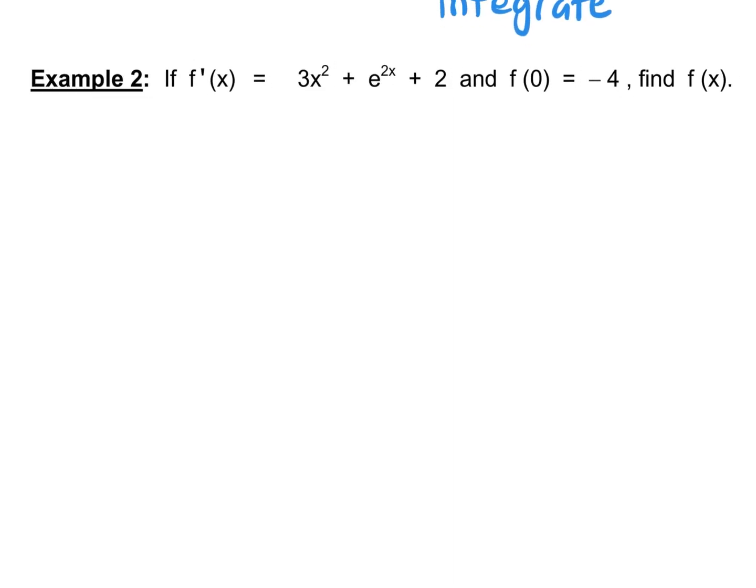Example 2 is given: if f prime x equals 3x squared plus e to the power of 2x plus 2, and f(0) equals -4, find f(x).